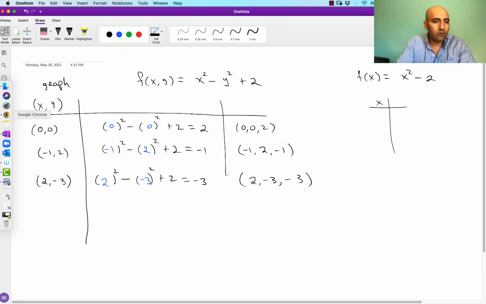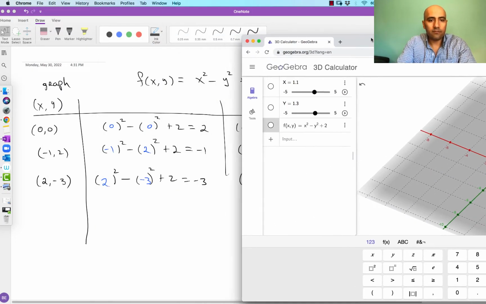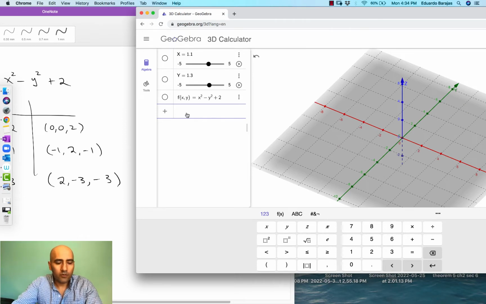Let's go back to our graphing tool over here. So let's graph these points. If I graph the point (0, 0, 2), that's one point. And then if I graph the point (-1, 2, -1), we get a second point.